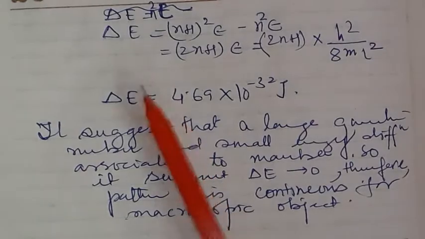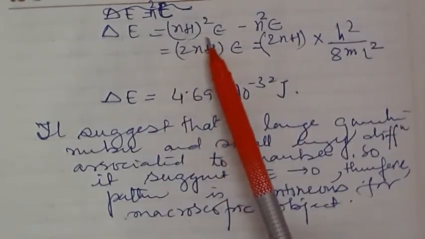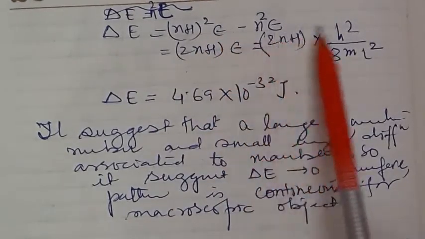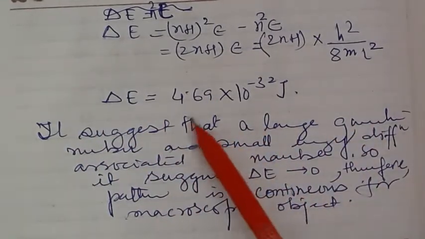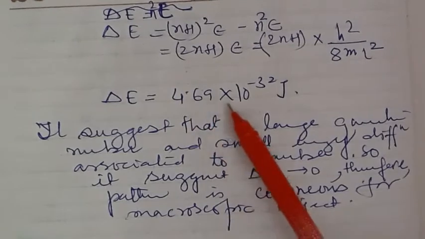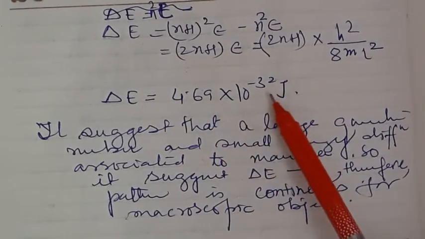The delta E is computed as (n plus 1) square times epsilon minus n square times epsilon, which, substituting the numerical values, gives you 4.69 into 10 to the power minus 32 joule.